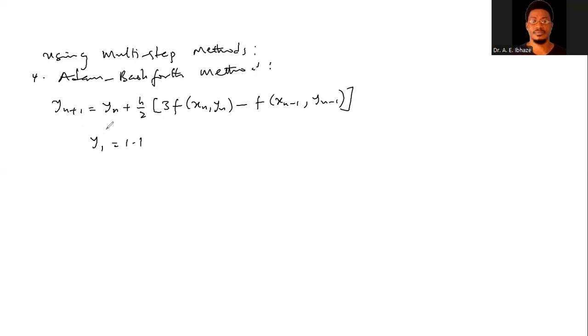And then you realize that the Adams-Bashforth method is not applicable until the second step is computed, because at n equal to 0, we have y1 being the same as y0 plus h over 2, 3 f of s0, y0 minus f of s minus 1, y minus 1.